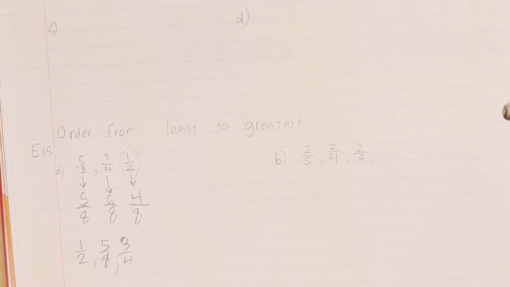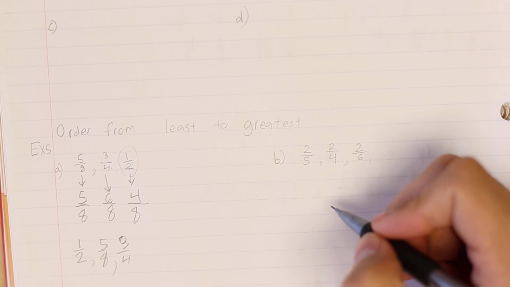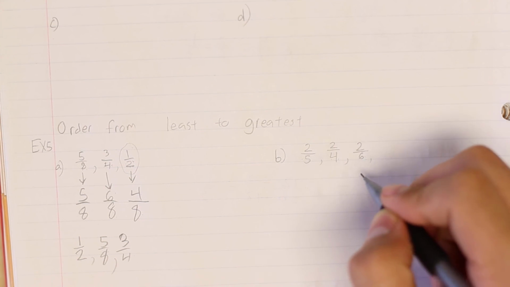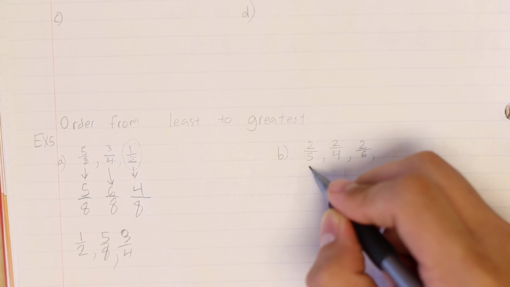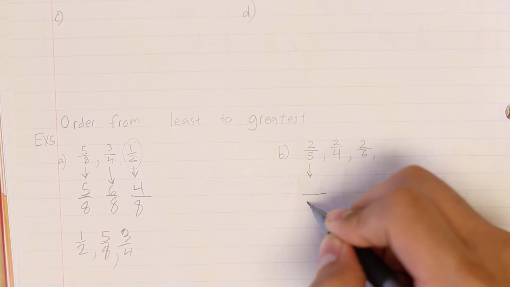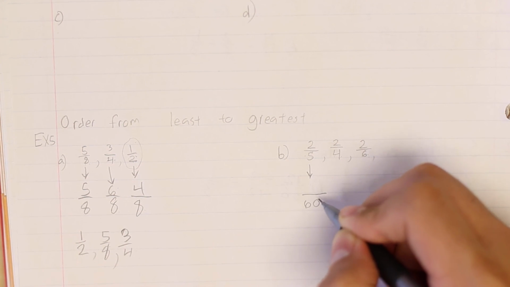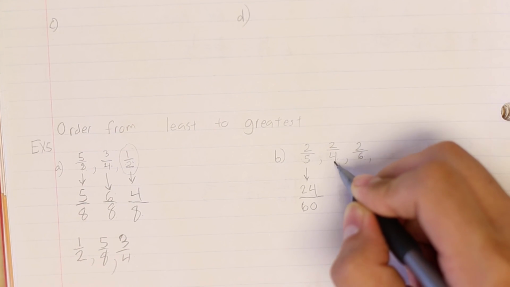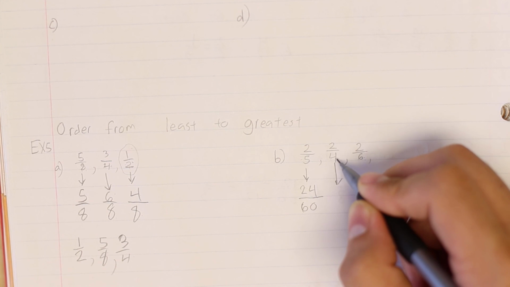Okay. So here we have these numbers, and we're going to say, well, what do I multiply this by to get 60? Multiply 5 by 12, I get 60. Multiply the top by 12, I get 24. Multiply the bottom by what to get 60?